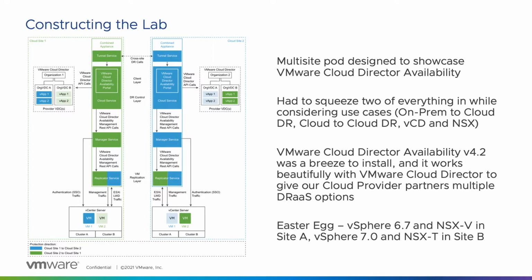I also wanted to do the on-prem to cloud use case, so that's where I'm double using Site A. Site A is used for both the on-prem to cloud as well as cloud to cloud, Site A to Site B. So it has a couple of different appliances deployed there. And that's really the tricky part, just trying to squeeze everything in there.